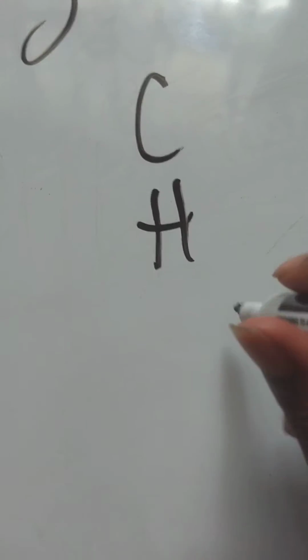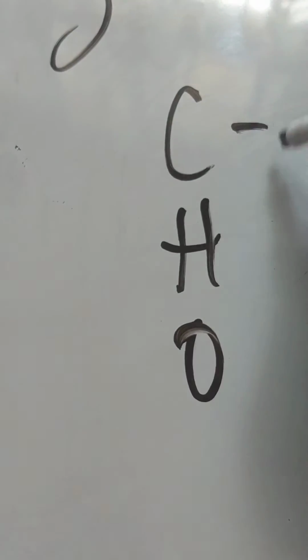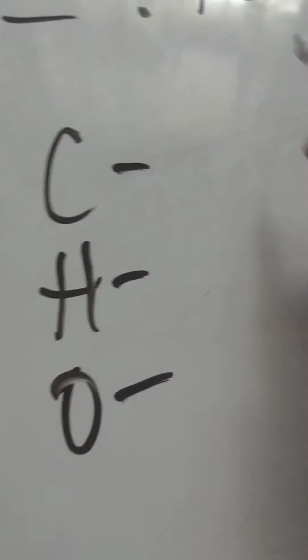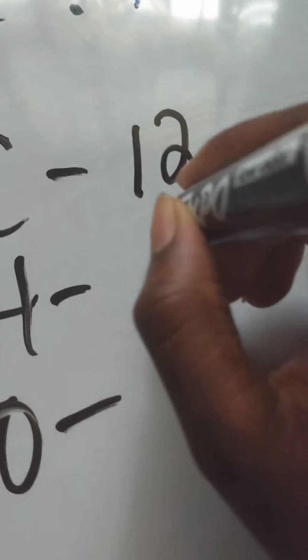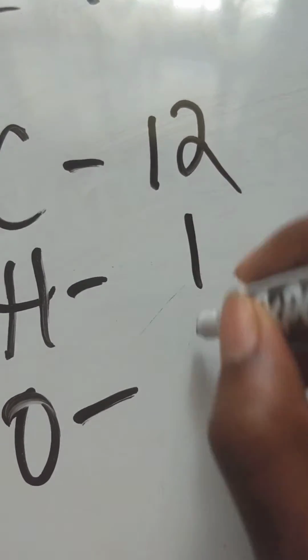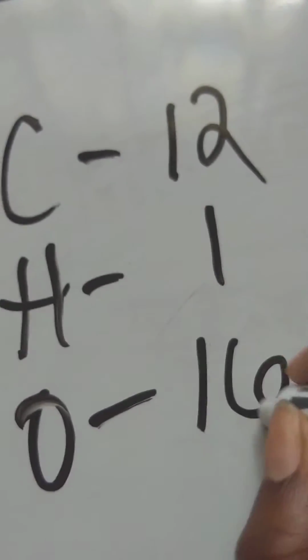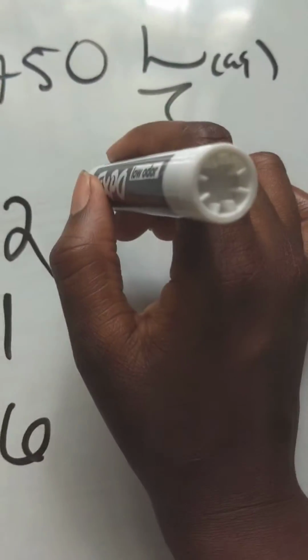Okay, so to find the molecular weight, you merely state the atoms you're working with and put down their atomic weight. The atomic weight of carbon is 12, the atomic weight of hydrogen is 1, and the atomic weight of oxygen is 16. And you'd multiply that by the number of atoms in the formula.